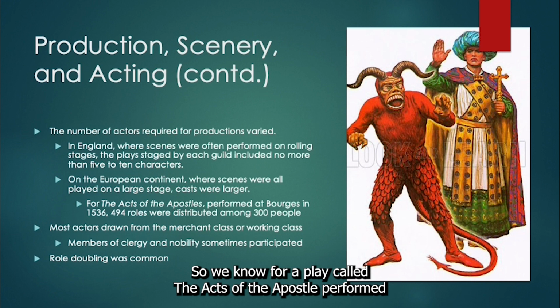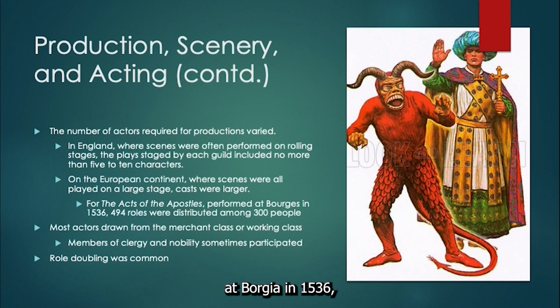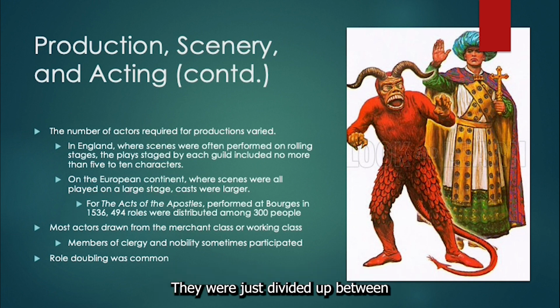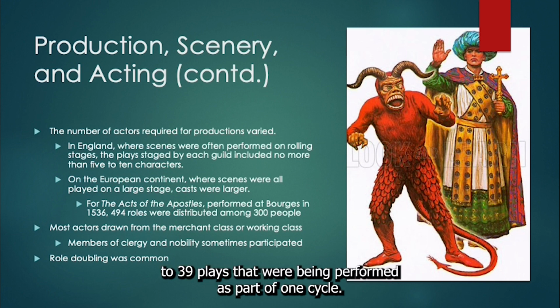So we know for a play called The Acts of the Apostles, performed at Bourges in 1536, 494 roles were distributed among 300 people. So that was a whole lot of people. That said, there could be many hundreds of people performing in the cycle plays in England. They were just divided up between the many different plays, 42 to 39, that were being performed as part of one cycle.